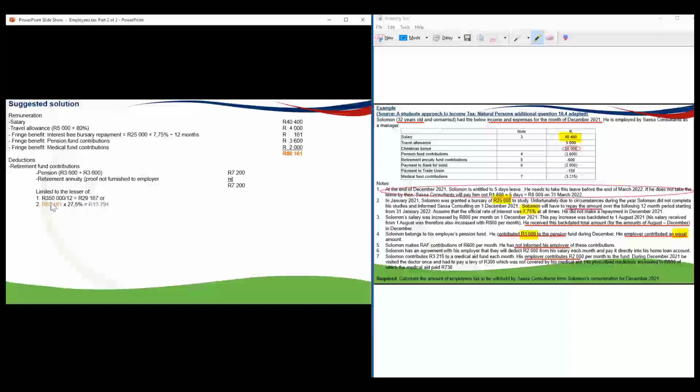So where do we get this 50,000? It is the remuneration times 27.5%, which is 13,794. Right. So the limitation then is the lesser of these two amounts, which is the 13,794.